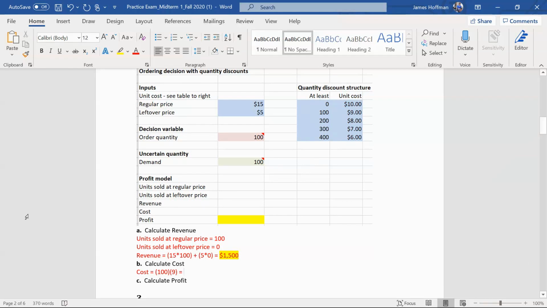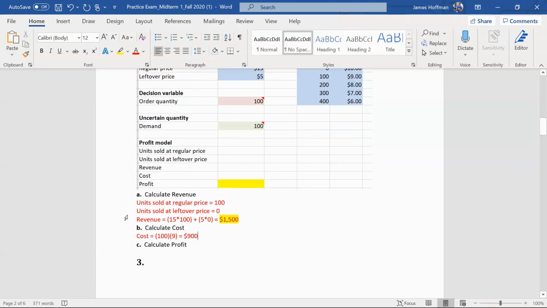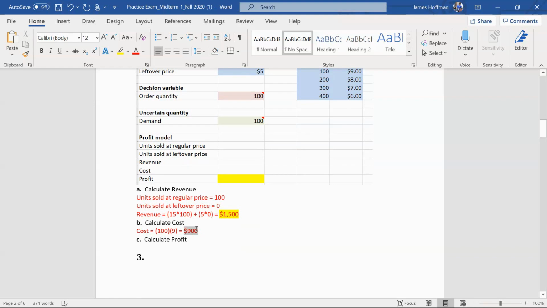Okay, so then our cost is just 100 times 9, which is 900. And then profit. Profit is, in any case, revenue minus cost.